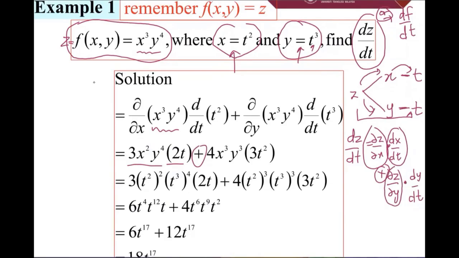Class, can you try differentiating x power of 3, y power of 4 with respect to y? What do you get? x power of 3 stays, times y power of 4 with respect to y. We get 4x power of 3, y cubed. And then dy dt is 3t squared.